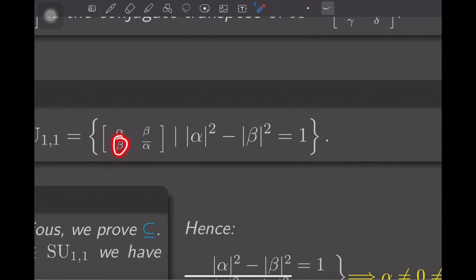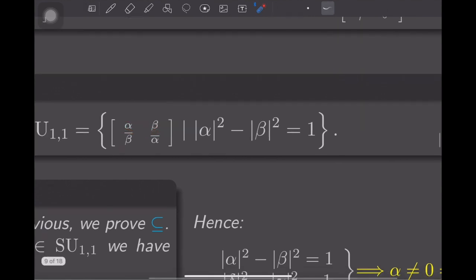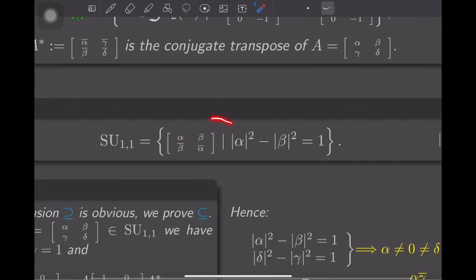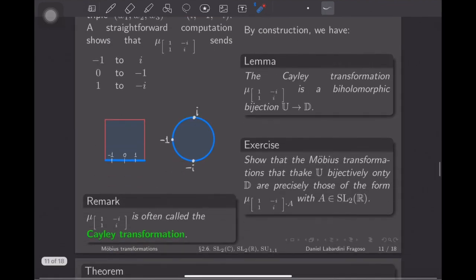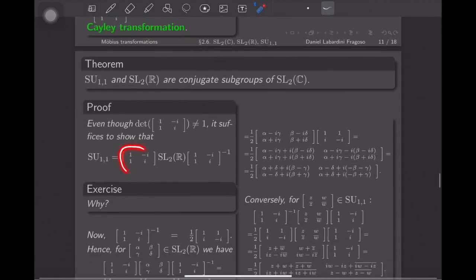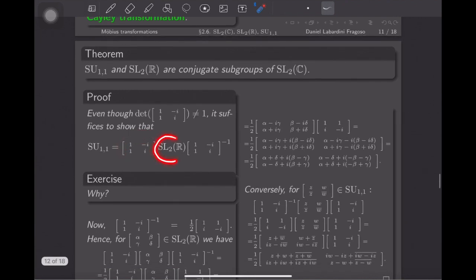You see that one has to keep track of this equality and keep track of having here conjugates of these ones. So I don't know, I tend to think that this seems to be more mysterious, but up to conjugating with a very explicit matrix, it's essentially SL2R, right?